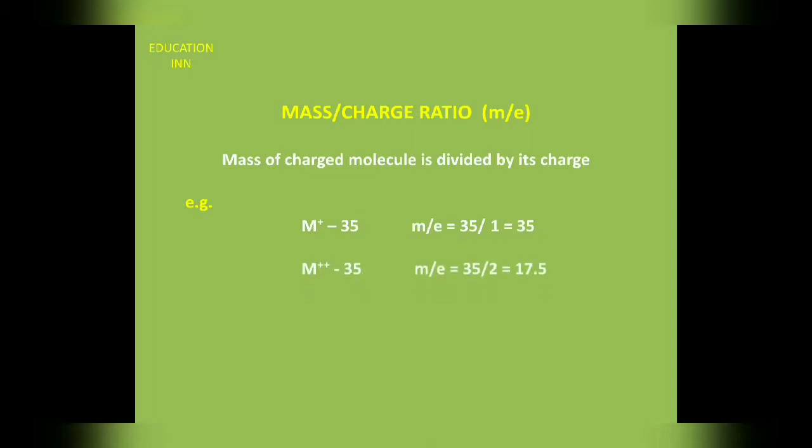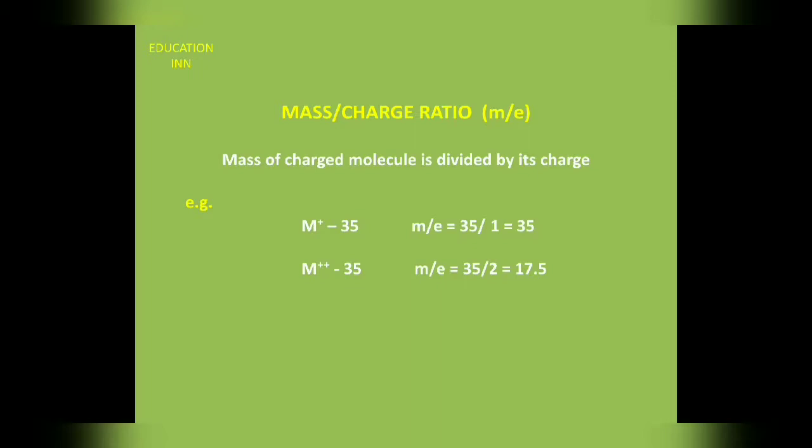Here is another example. When M dipositive ion has atomic mass 35, its m/e value is obtained by dividing 35 by 2. We are dividing by 2 because it has two positive charges. So its m/e value is 17.5. Here you can see that different ions will have different m/e value if their mass is different, even if their charge is different.